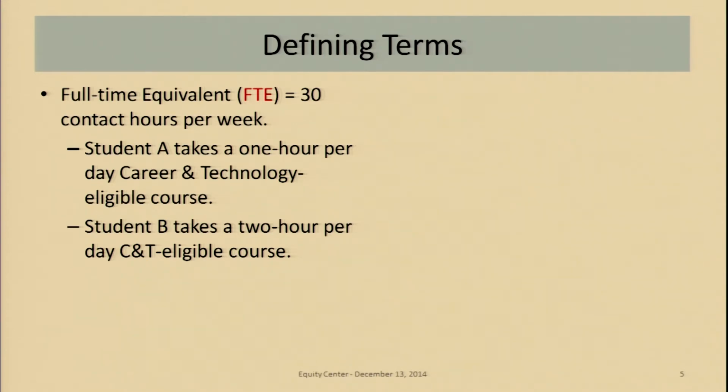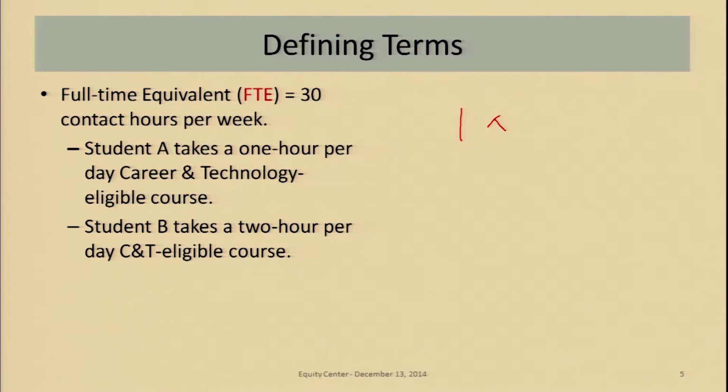So just to give you an example here, if you'll look at the slide, let's say that this first student has 1 hour a day that the student is in a career and technology eligible course. Using that as an example, and we'll get into more detail about the career and technology funding and how that all works in a little bit.